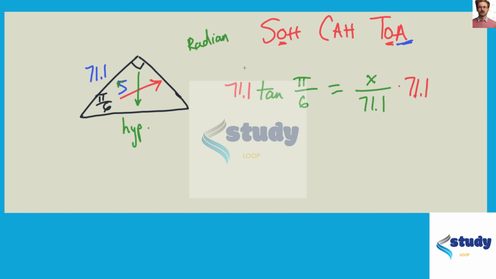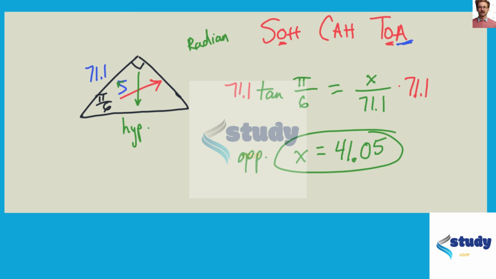So 71.1 times tangent of pi over 6, and I get an answer for x to be 41.050. That just says two decimals, so 41.05. That's the opposite.